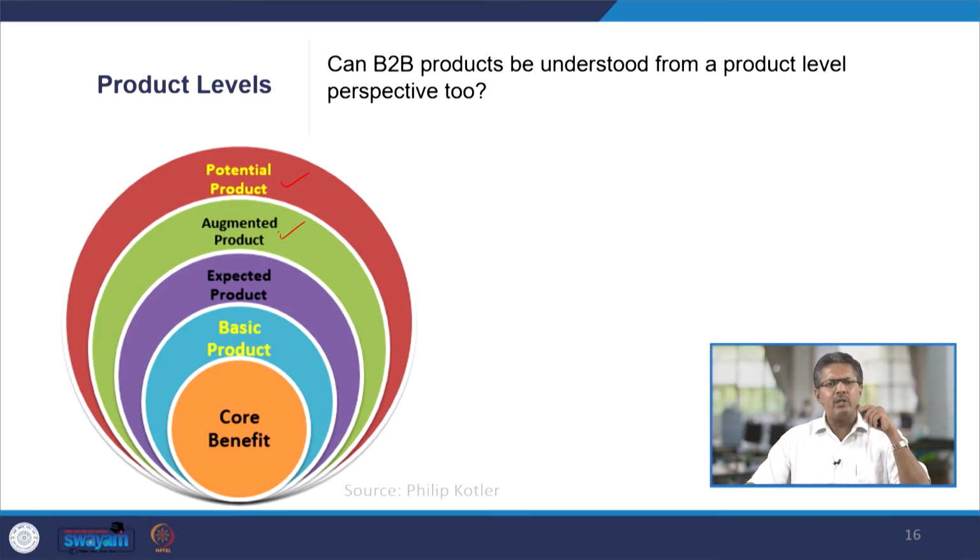Suppose there are 2 players in the market, A and B. Now, A and B can challenge each other by bringing in changes which are augmented in nature or potential in nature.